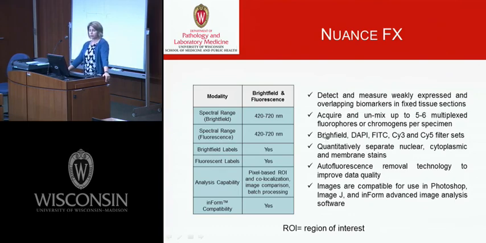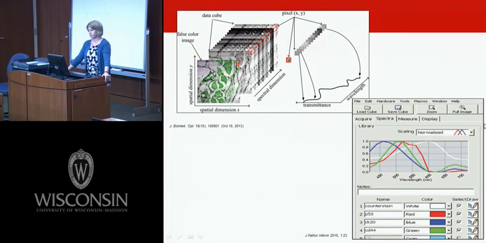The filter sets that we currently have available through the TRIP laboratory are Bright Field, DAPI, FITC, Cy3 or TRITC, and Cy5. The software also provides for autofluorescence removal, which can be an issue for those investigators using fluorophores. And images can also be used in Photoshop, programs like ImageJ, and inForm.